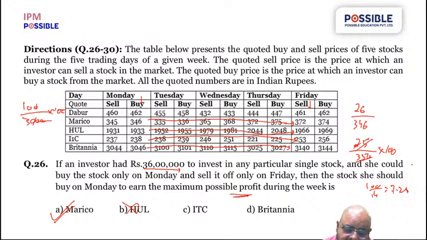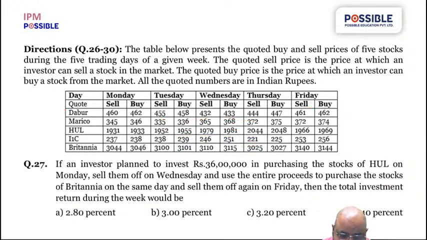And therefore Marico will see the highest percentage increase, and therefore the maximum amount of profit. Why maximum amount of profit? Because the number of shares will be larger for the share which is cheaper, and therefore if I look at profit percent increase, I will get the overall maximum profit for a given sum. So 26 becomes A.